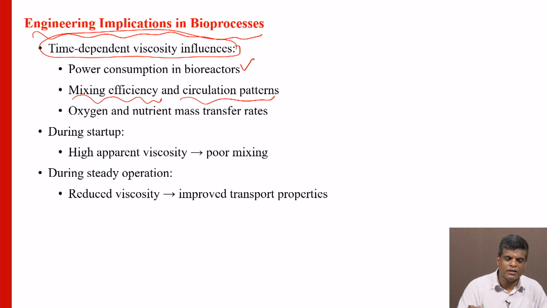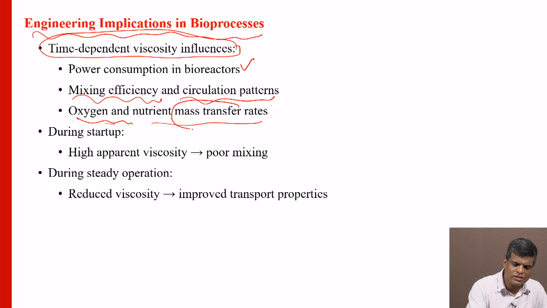The last one is the oxygen and nutrient mass transfer rate. We will discuss more on mass transfer, diffusion, dispersion, and convective mass transfer in the forthcoming classes, so we will get thorough knowledge there.